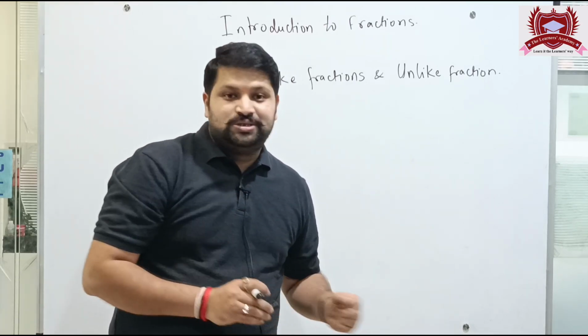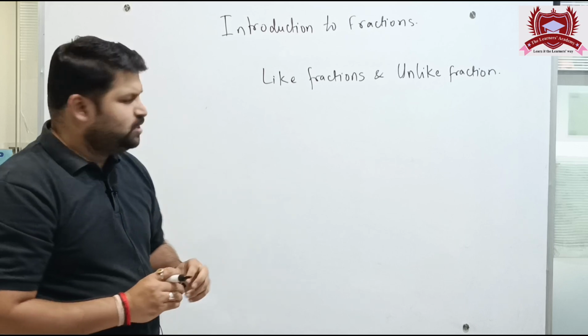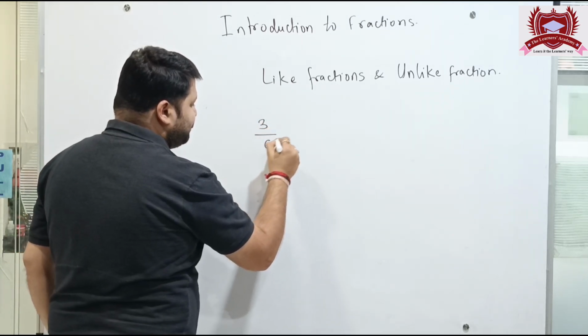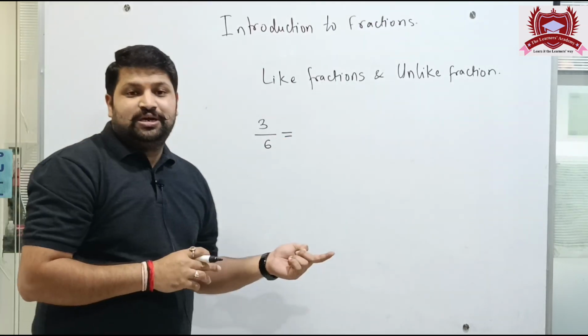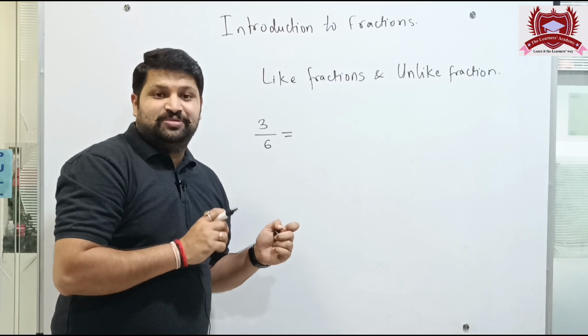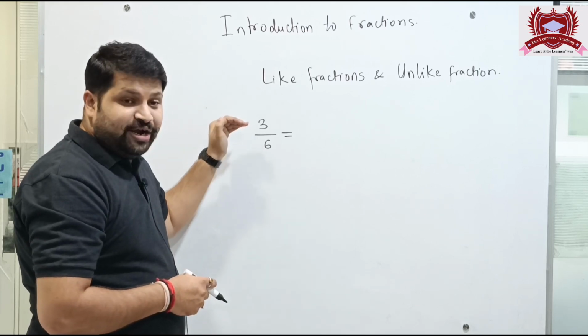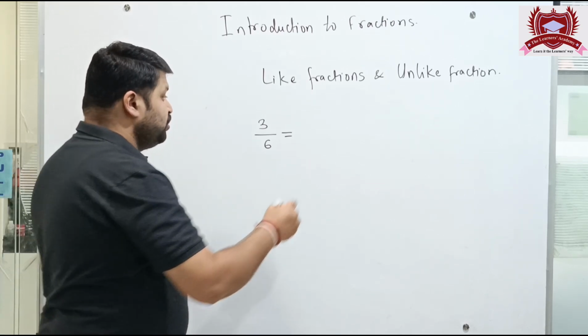What do I mean by fractions in their simplest form? Let us have a brief review about it. So if I take a fraction, say 3 upon 6, then this fraction won't be considered as in its simplest form, because I can divide both the numerator and the denominator by 3.